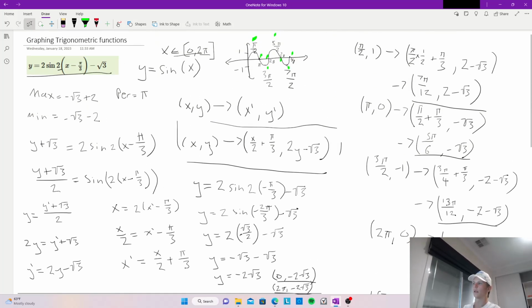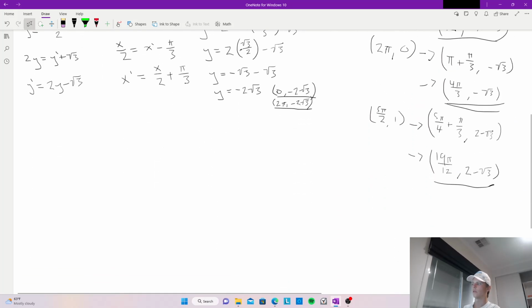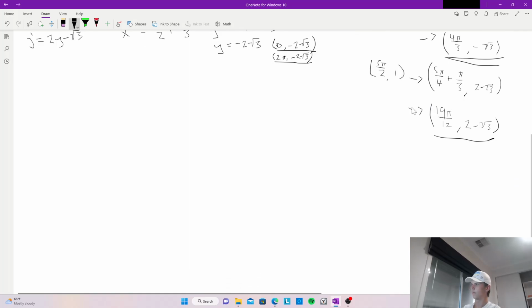So now we're going to get this pi on 3 and plug it into our transformation. Pi on 3, 0.